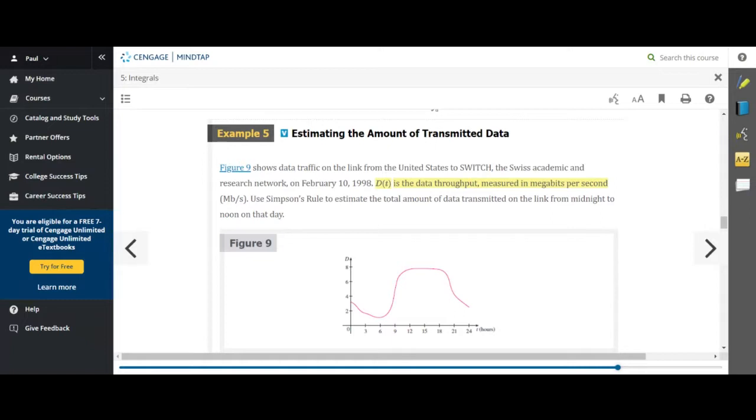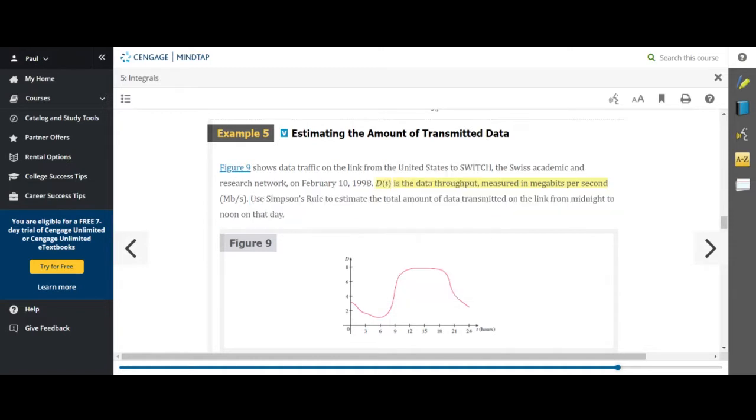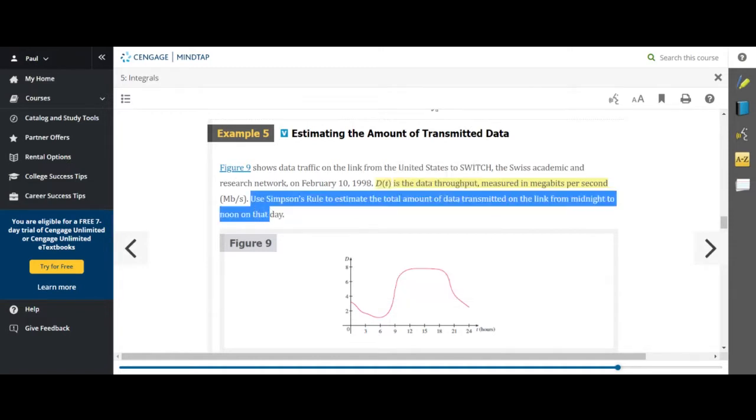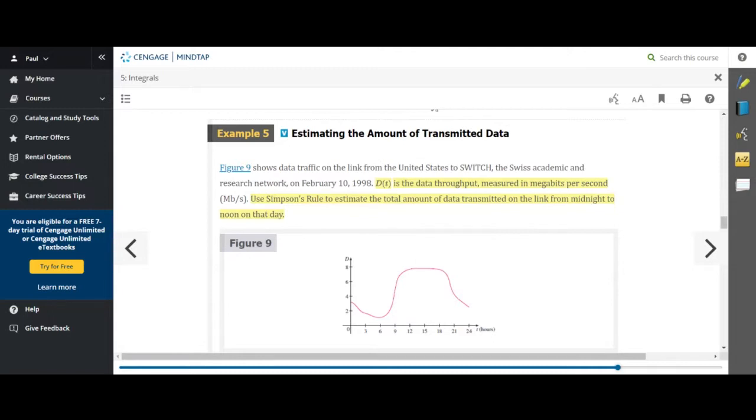Now, if we want to use Simpson's rule to estimate the total amount of data transmitted on the link from midnight to noon on that day, what do we have to find?